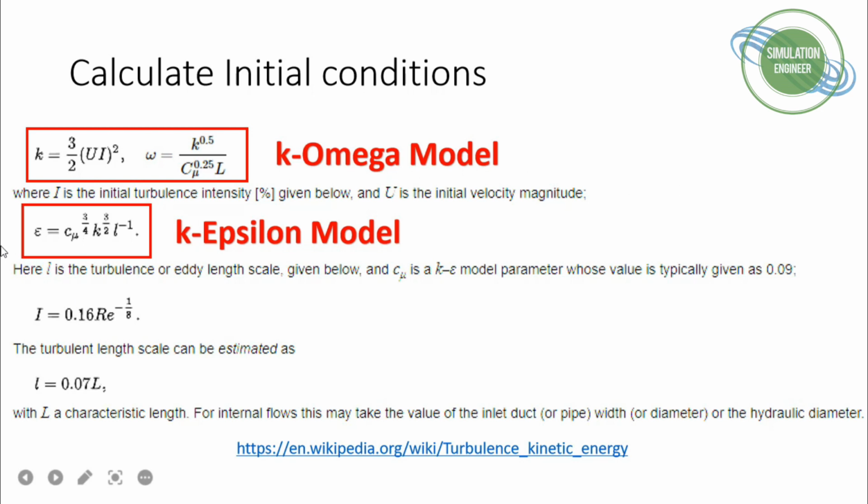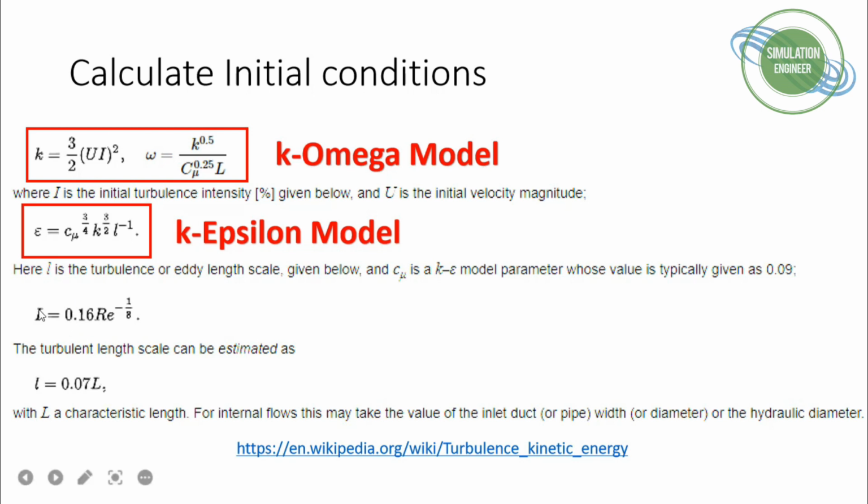If you are using a K epsilon model, you can use this epsilon equation. In the above equations, L is the turbulence or eddy length scale, which is given below, and C mu is a turbulence constant. Its value is about 0.09.